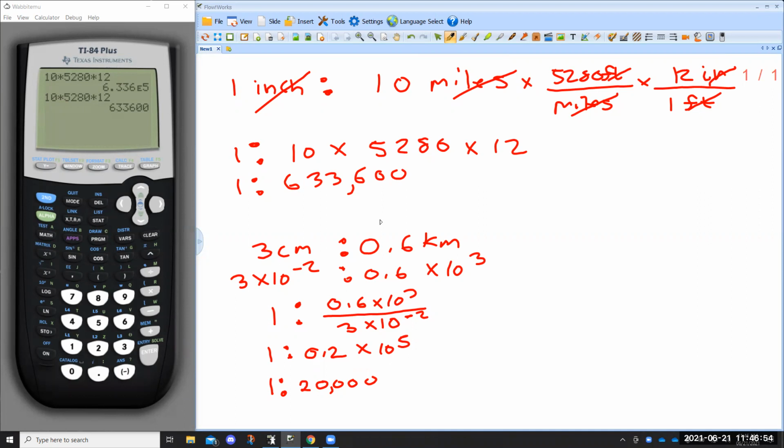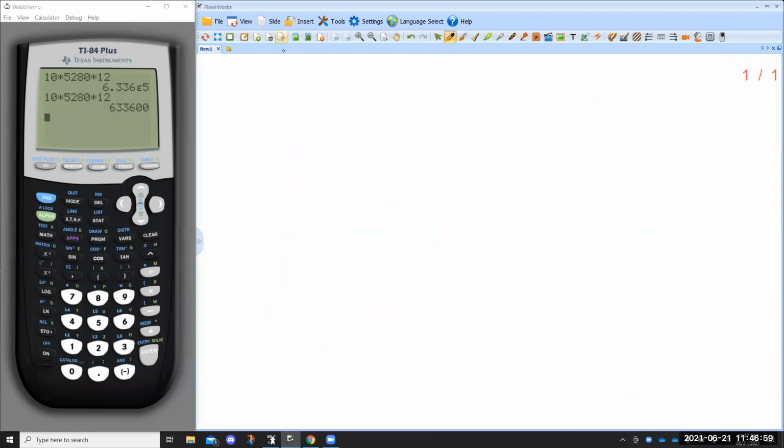That was number 45. Let's look at number 46 here. 6 inches represents 7 miles in real life. So we already have this that we did before.